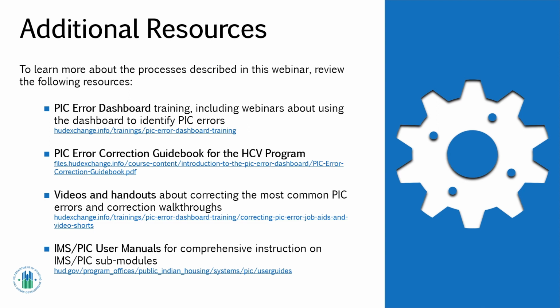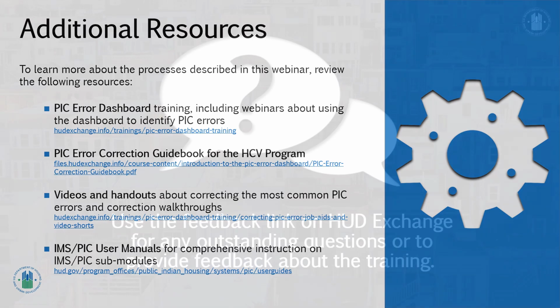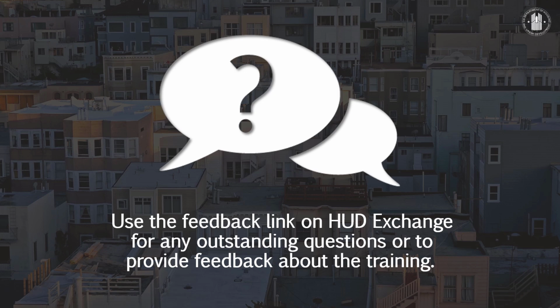Access PIC IMS manuals on HUD's website to see comprehensive instruction on IMS PIC submodules. After finishing this webinar, please complete the survey link in HUD Exchange to provide feedback on this training, as well as provide topics that you would like additional training on.